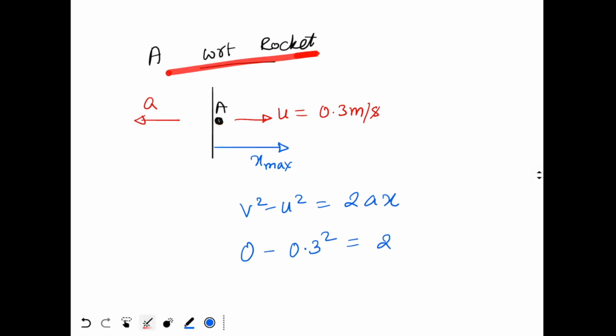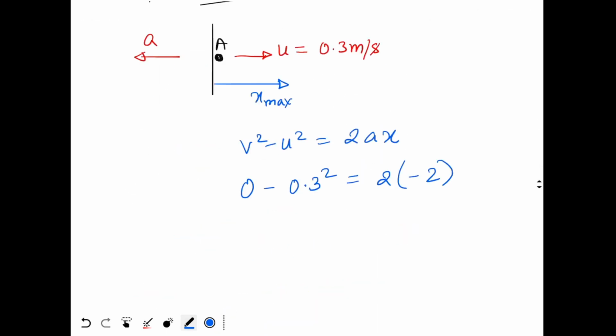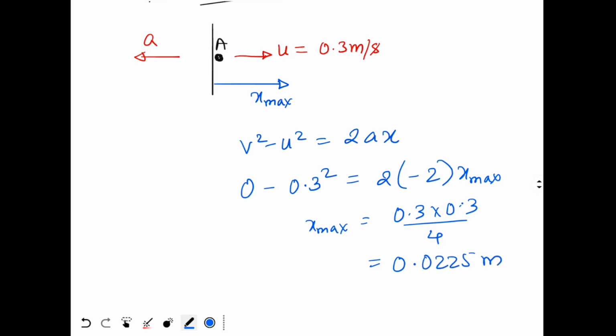With respect to the rocket, the acceleration of A is in the backward direction, so the relative acceleration is minus 2 meter per second square. So minus 2 times x max. So x max is equal to 0.3 times 0.3 divided by 4, which is 0.0225 meter.